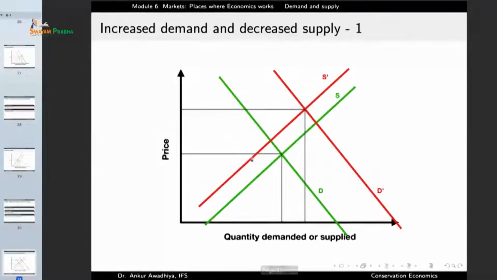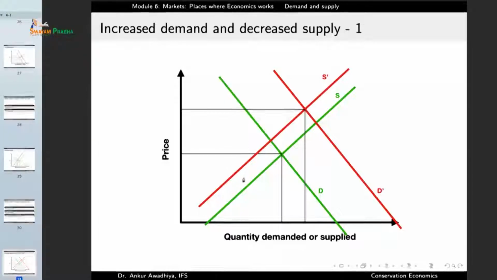So earlier the demand curve was this green line, the supply curve was this green line, and this was the earlier equilibrium. Now there is an increase in demand, so the demand curve has shifted from here to here. The demand curve has shifted to the right because there is an increased demand. The supply has reduced, and so the supply curve has shifted from this to this.